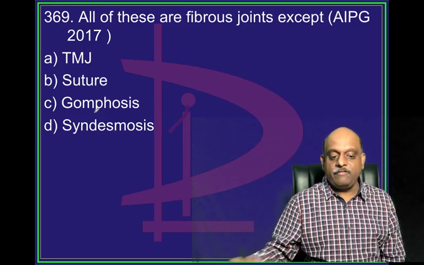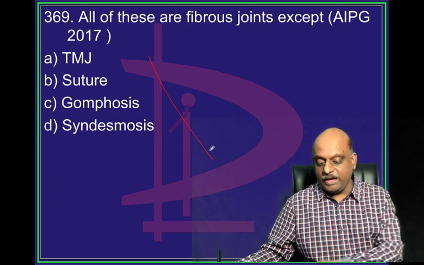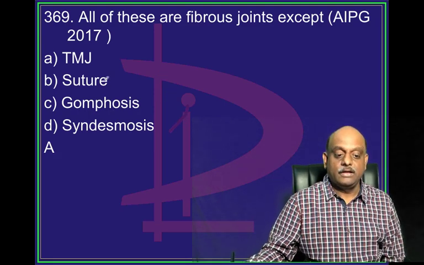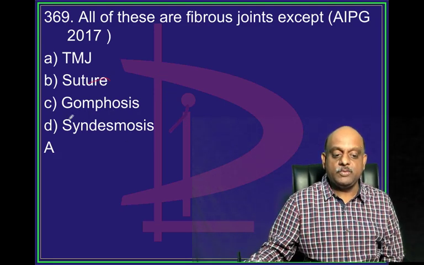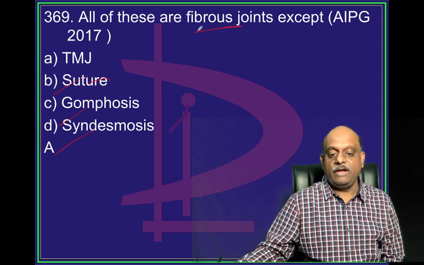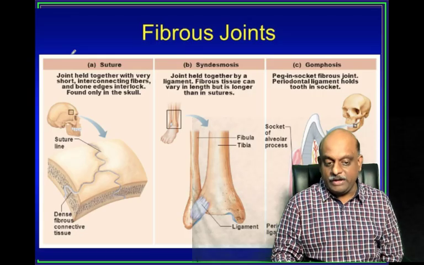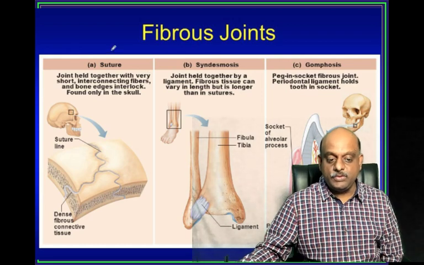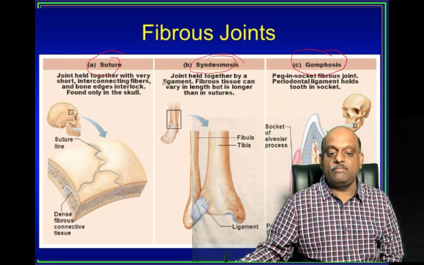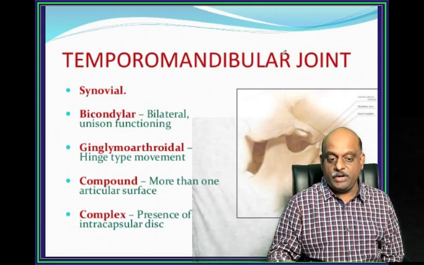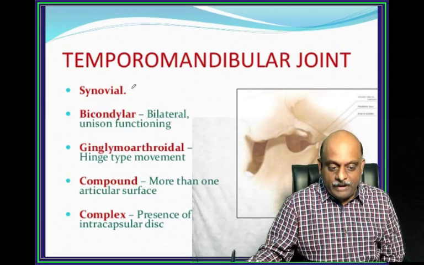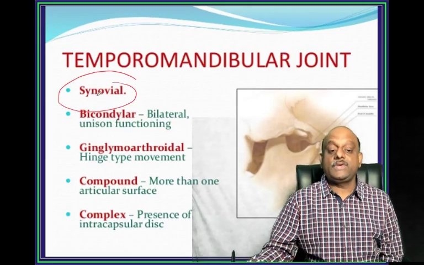Now, these are all the fibrous joints except the temporomandibular joint. Suture, gomphosis, syndesmosis are all examples of fibrous joints. The temporomandibular joint is a synovial joint.